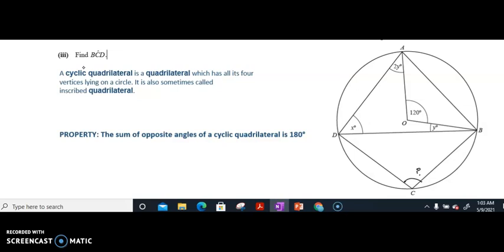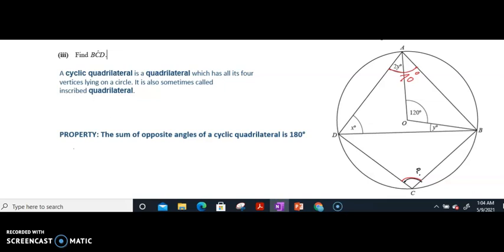And there is a property of cyclic quadrilateral that the sum of opposite angles of a cyclic quadrilateral is 180. Since we need to find the angle BCD, we also take along the angle DAB, which we have already found, and it is 70 degrees. Therefore, we can write that the sum of the opposite angles in the cyclic quadrilateral is equal to 180 degrees.